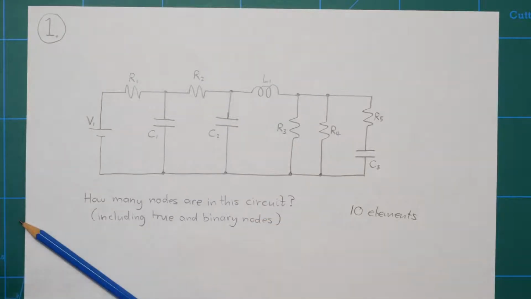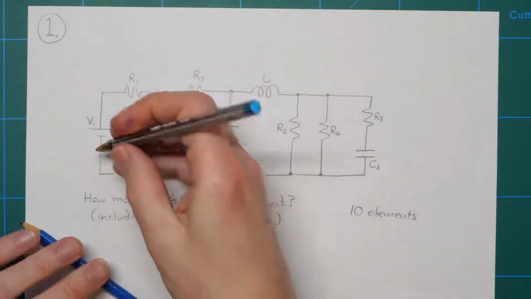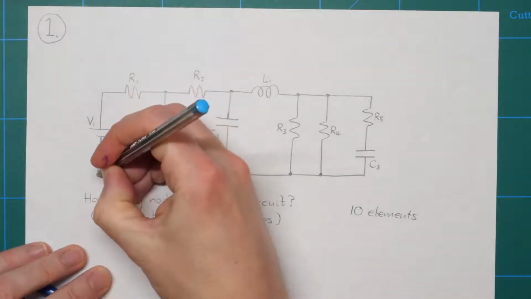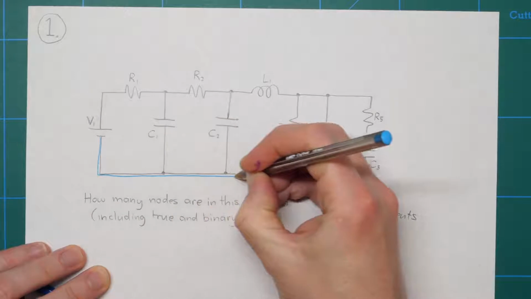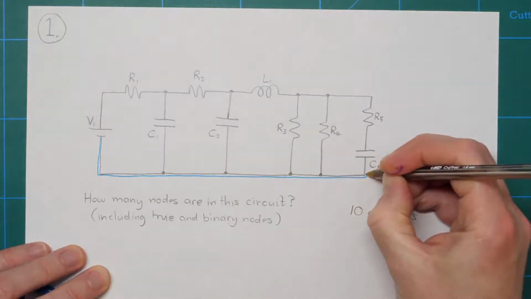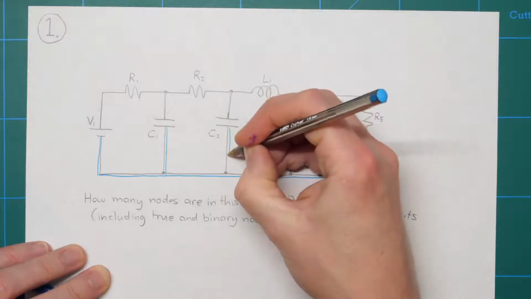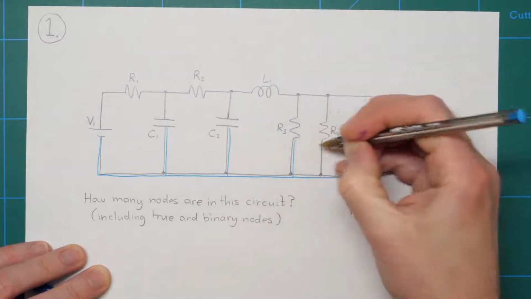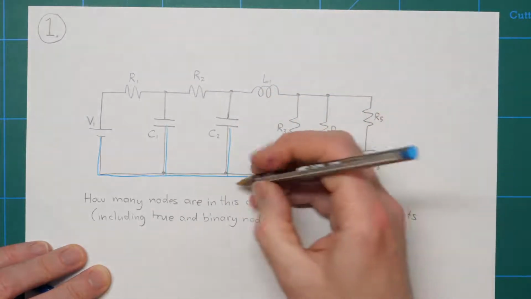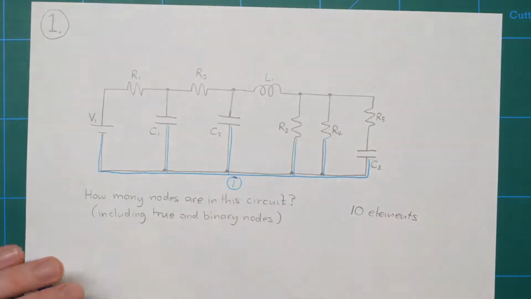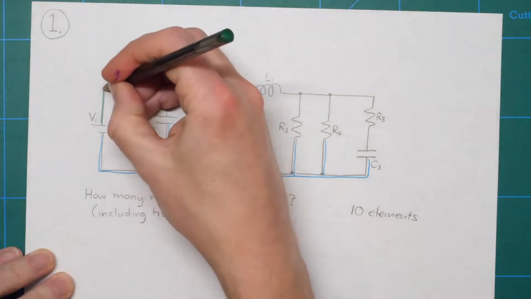So I'm going to colour in the nodes in the circuit just so we can see them all. Let me just pick a different colour maybe for each of the nodes here. So we've got one big node which spans this entire area of the circuit here. So let's call that node number 1. And then, as I was saying, we've got one node here.